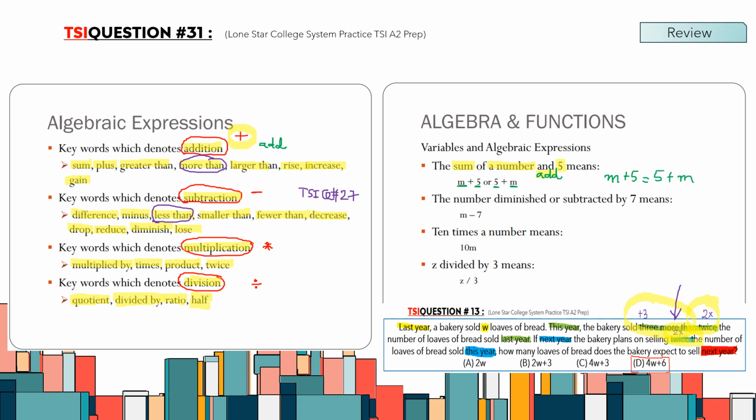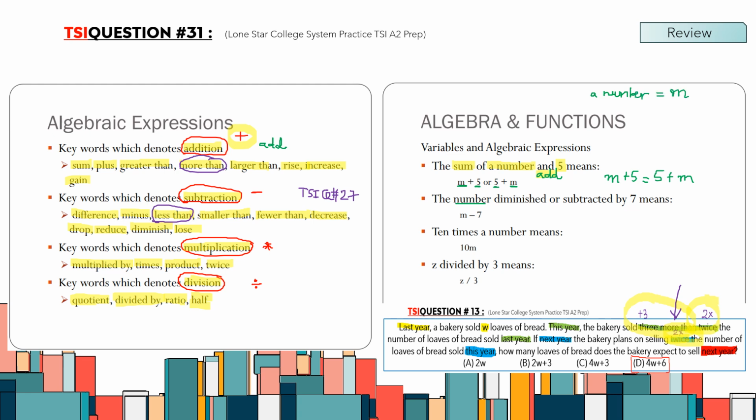Okay, but for diminished or subtracted, it's different. A number subtracted by 7 means that number minus 7. So m here is that number. We call it m.